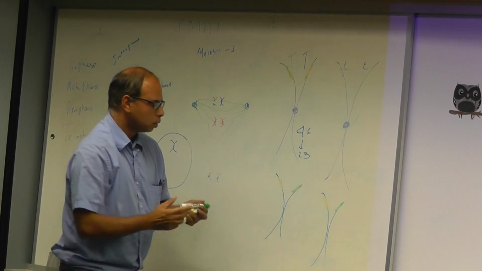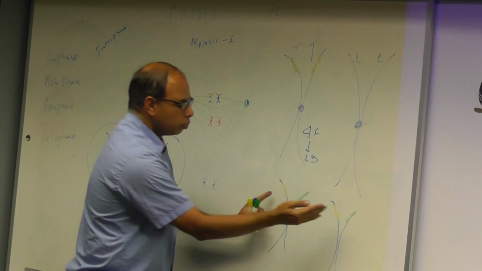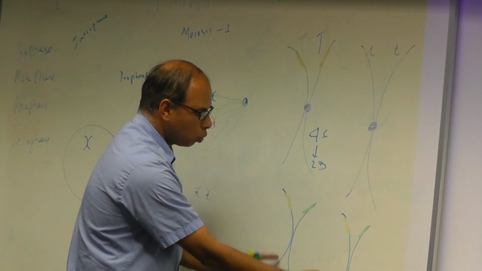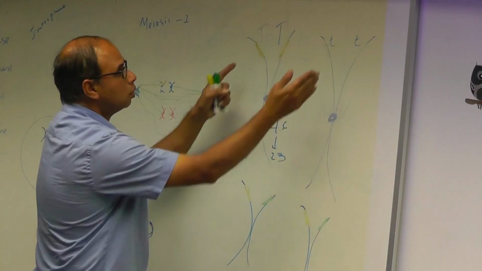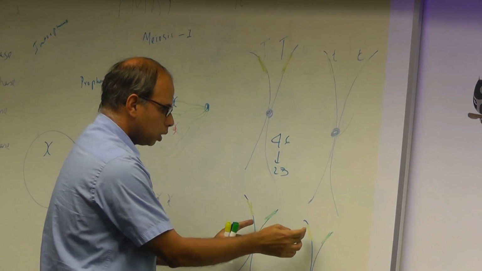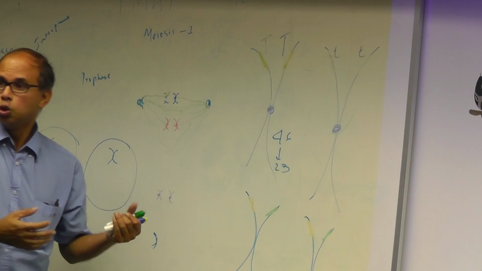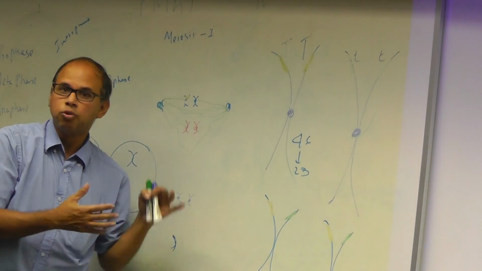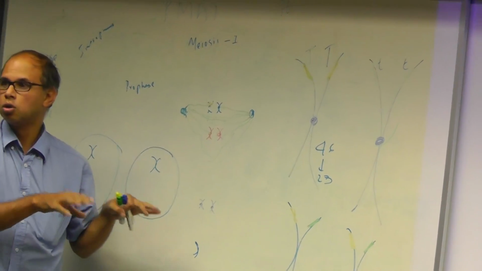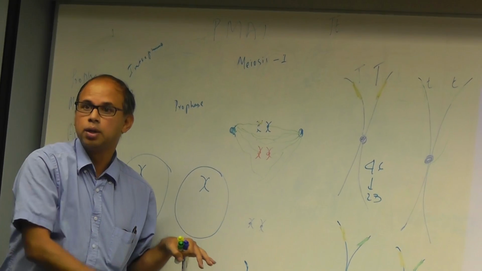And so if you see, these two chromatids remained exactly like this, but the crossing over happened here. Okay, so you actually end up with 4 distinct copies, not two which are identical.